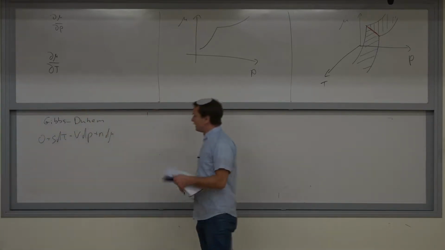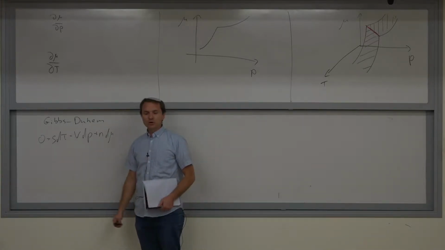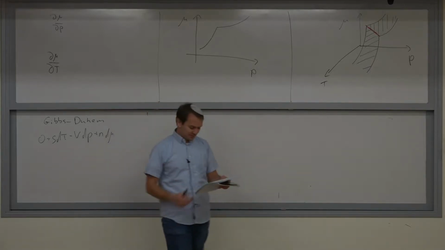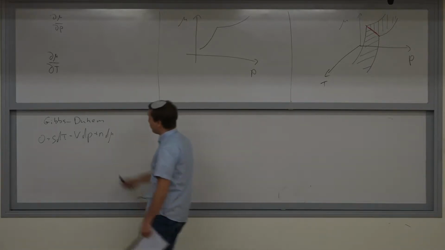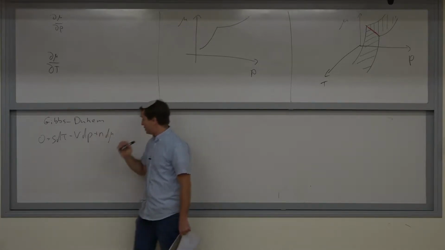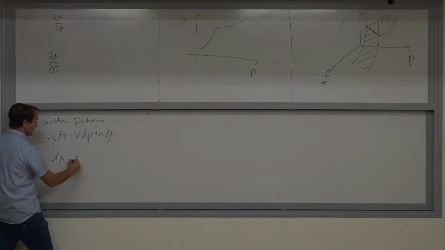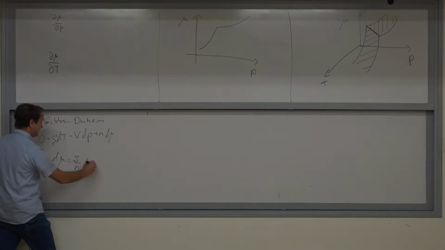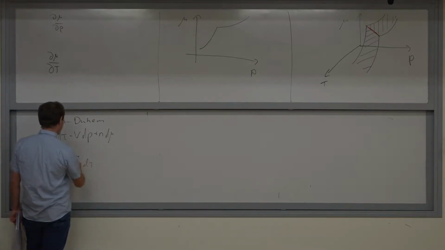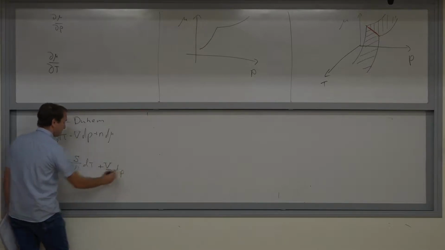Let's see what happens when T is constant, so we're looking at the isothermal process, or we can look at the process when P is constant. But generally, what we have is that d mu equals minus S divided by N dT plus V divided by N dP.